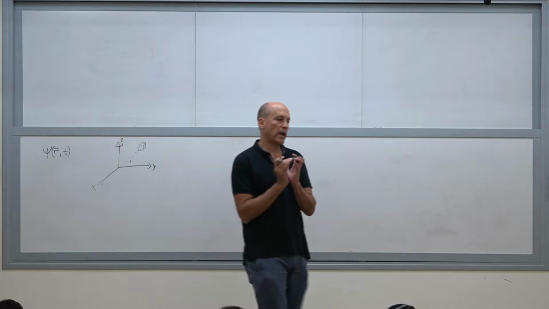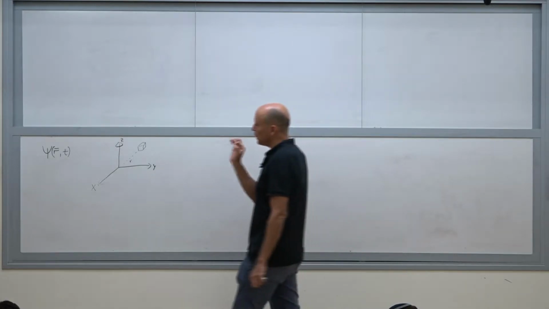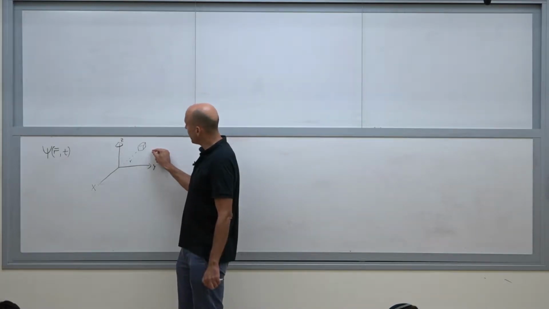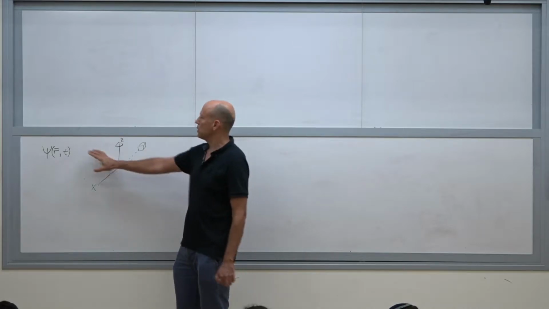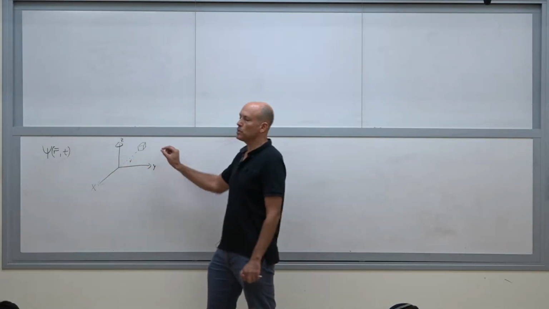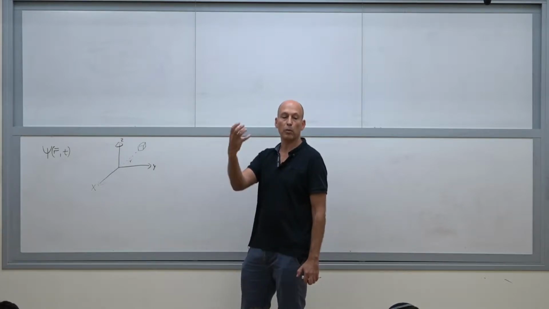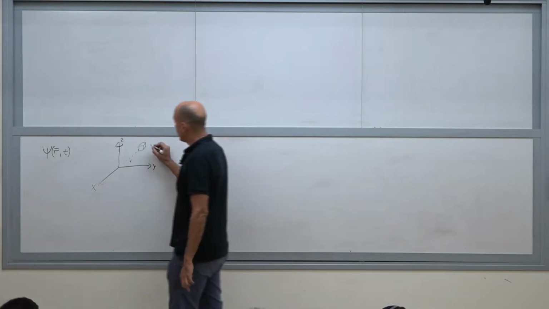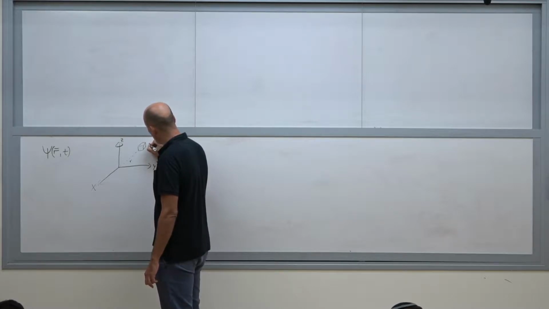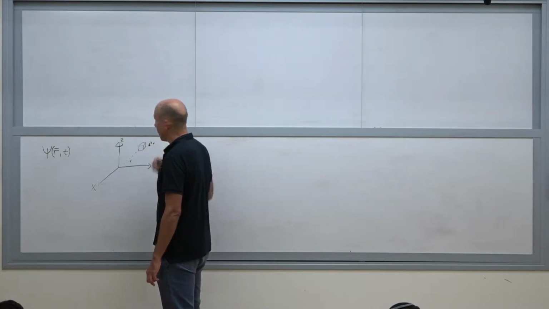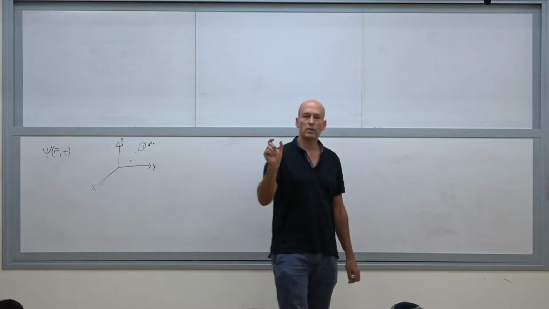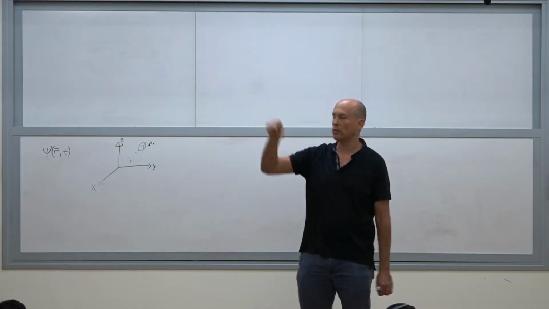The box has a size because the probability of finding the particle at any particular point, if this is a continuous system, is actually 0. I need to have some small box, and I ask inside this box what is the probability. And this box has a volume d3r. What is d3r? It's dx, dy, dz.